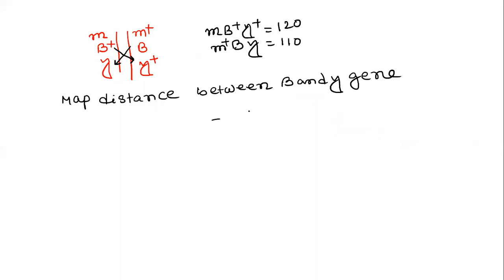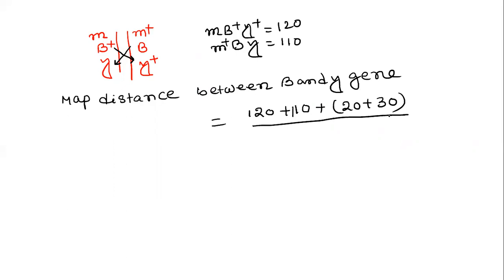Now we got 120 plus 110, plus whatever the DCO number is, you have to add the DCO. So the DCO here is 20 plus 30, divided by the total number of progeny.